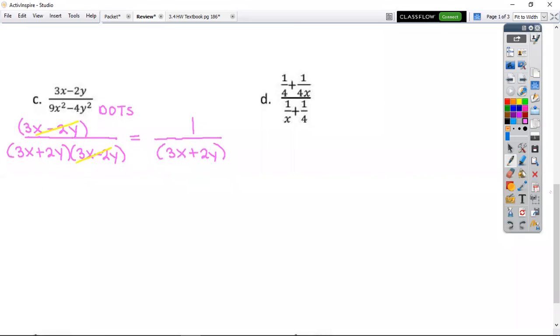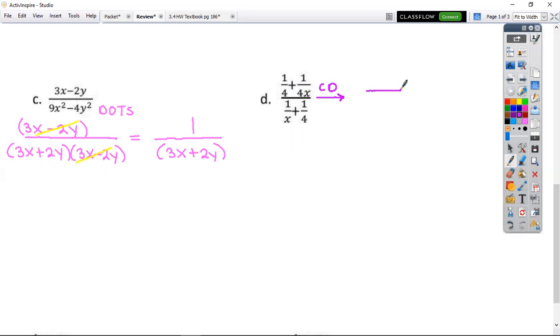All right, so letter D, this is what we refer to as a complex fraction. These are the type where you might want to take something and cover up the bottom part like that. And then you're simply looking for a common denominator on the top. So I'm just looking at the 4 and the 4x and trying to find a common denominator for that first. So step 1, common denominator.